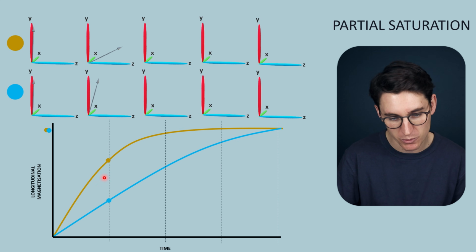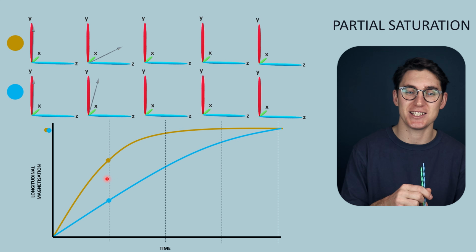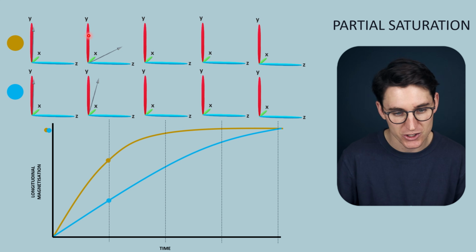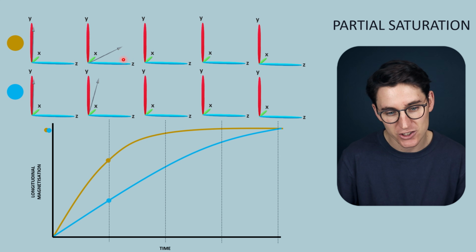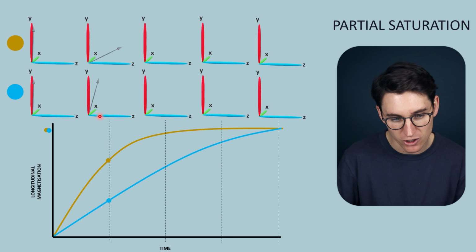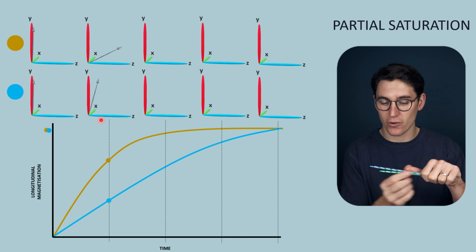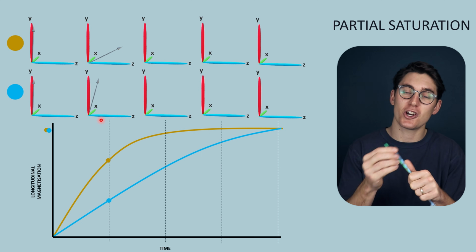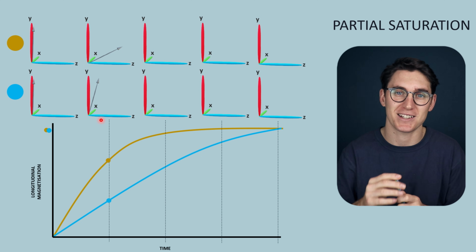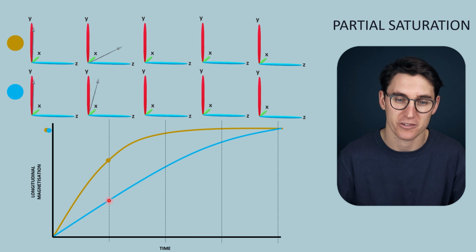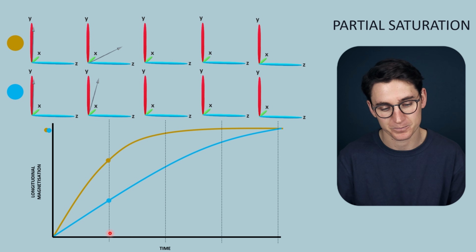Now we know that if we were to flip these now to 90 degrees, the transverse vector for fat is going to be much higher than the transverse vector for CSF, because it's the longitudinal recovery that determines the degree of transverse magnetization at the next 90 degree RF pulse at the TR here.